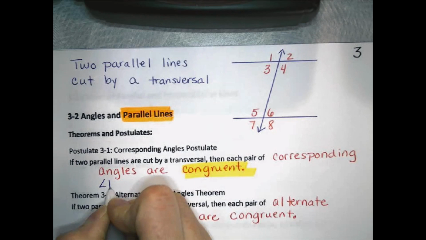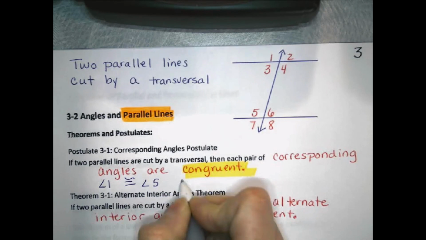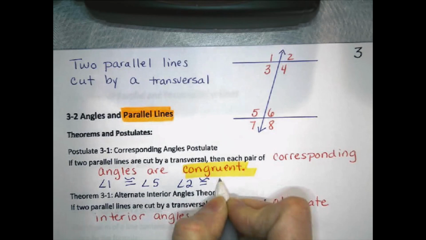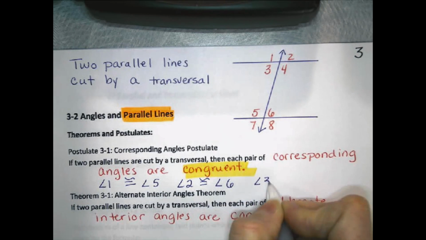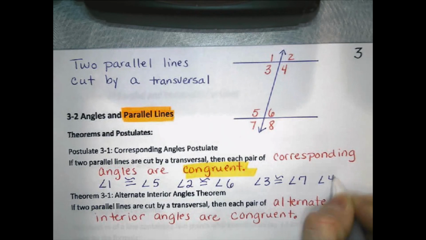So we would state that they are congruent. Angle 2 becomes congruent to angle 6. Angle 3 is congruent to angle 7. And angle 4 is congruent to angle 8.